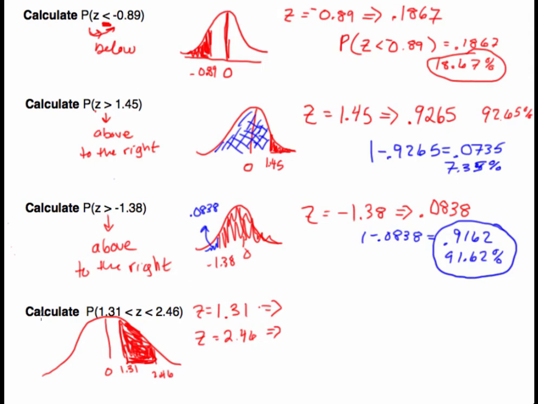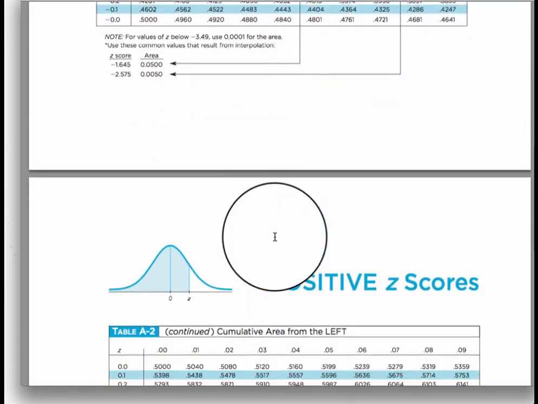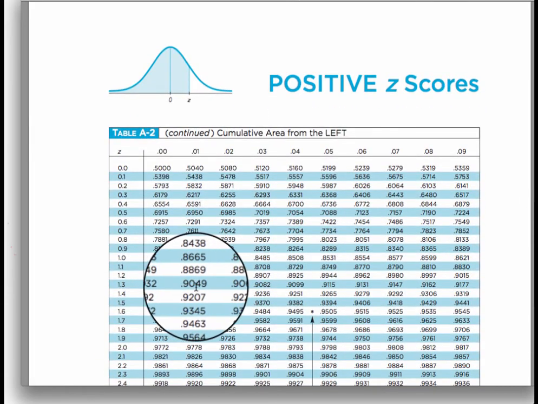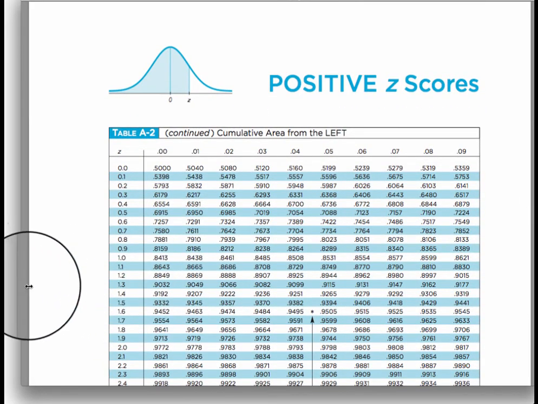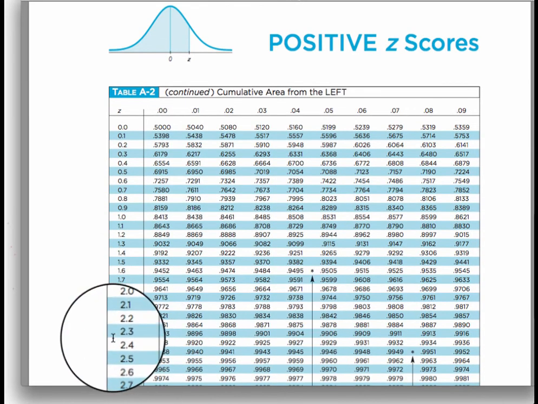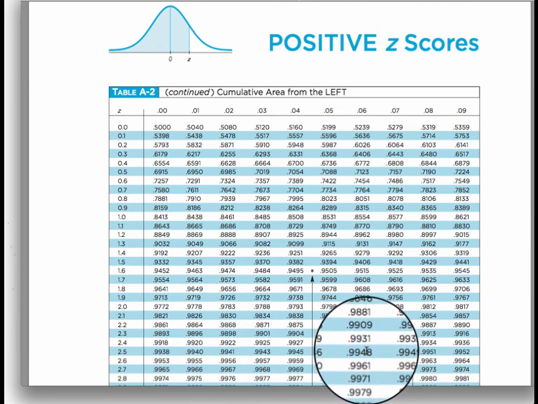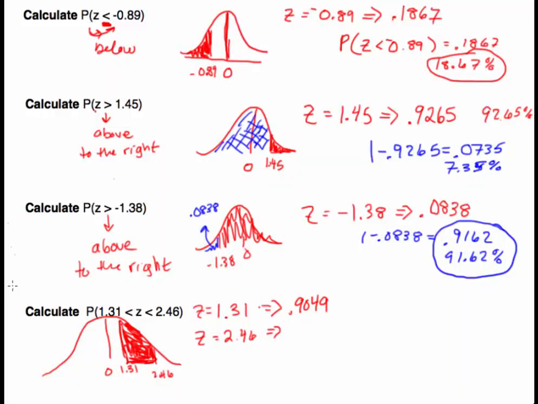When I look up 1.31, what do I get? 1.31 gives me 0.9049. And when I look up 2.46, what do I get? I go to 2.4 and over to the column of 6, and I get 0.9931.